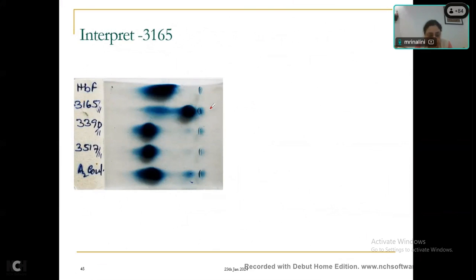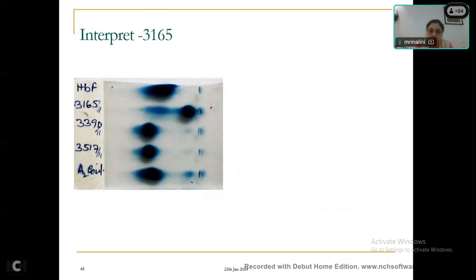So what is your interpretation, Weber? I think it is HbE. So HbE heterozygous or homozygous? Homozygous one. Why do you say homozygous? Anyone else?